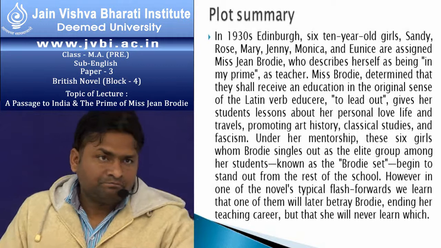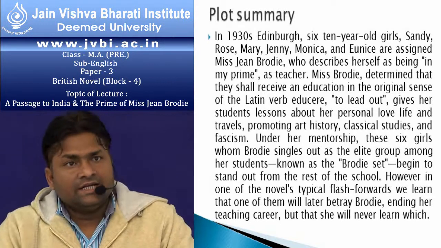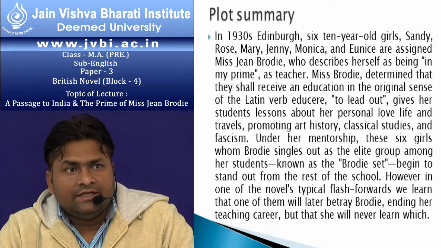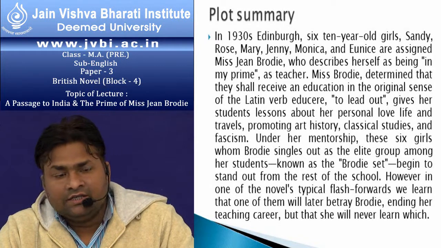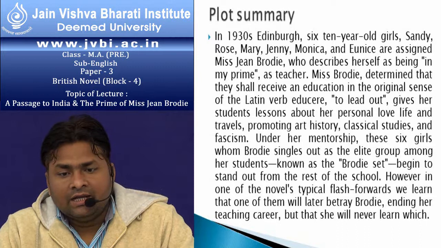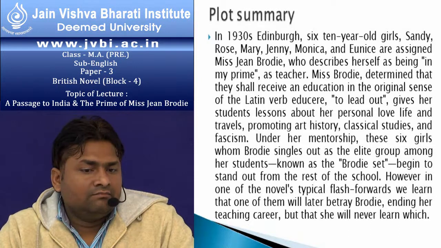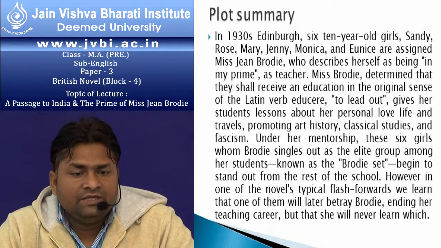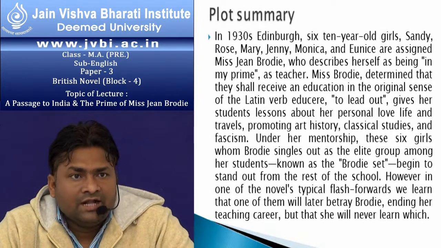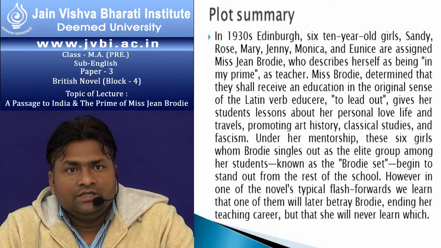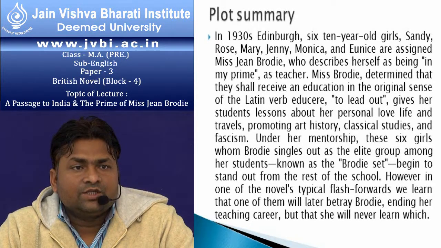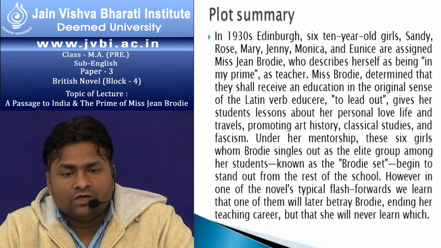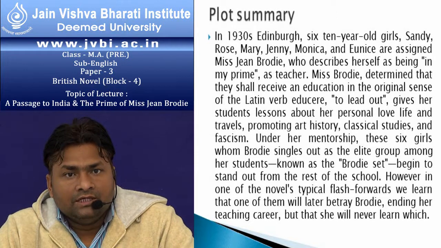In the 1930s, in Edinburgh, six 10-year-old girls, Sandy, Rose, Mary, Jenny, Monica, and Eunice, are assigned Miss Jean Brodie, who describes herself as being in her prime as a teacher. Miss Brodie is determined that they shall receive an education in the original sense of the Latin verb educere, to lead out.